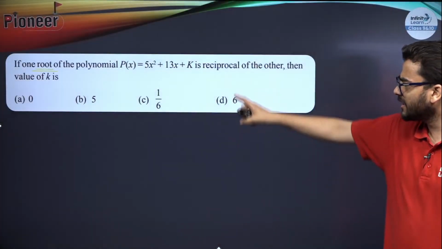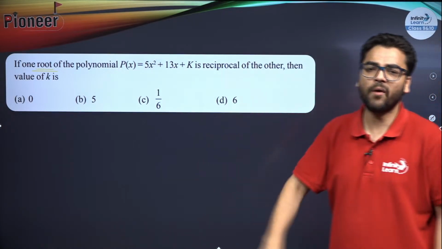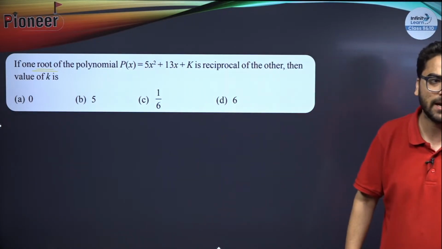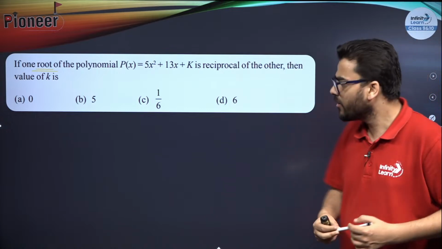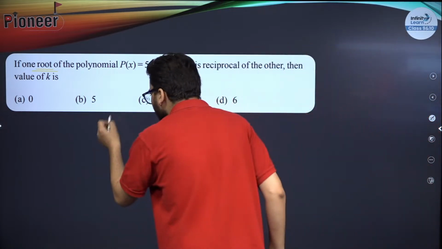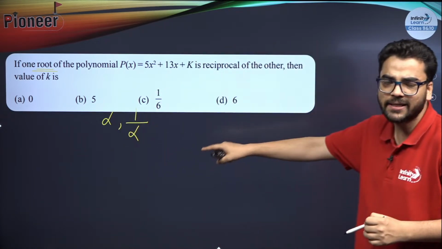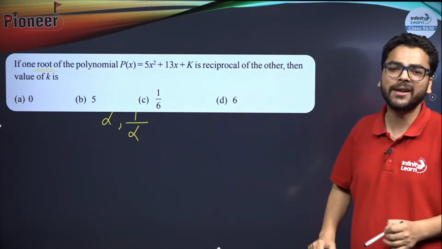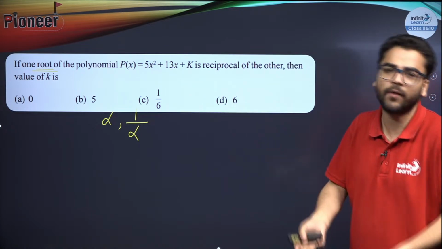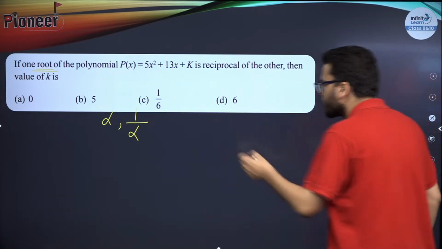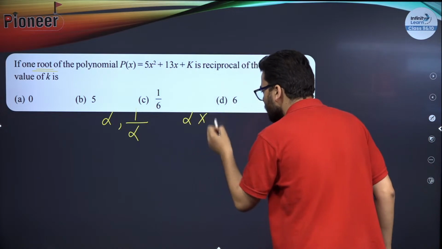Now over here, this is a different type of question in which one root is the reciprocal of the other. It means if one is alpha, the other is 1 by alpha. Whenever you get a question like this, you have to take the product of roots only. You have to find the product of roots or zeros, whatever it is.